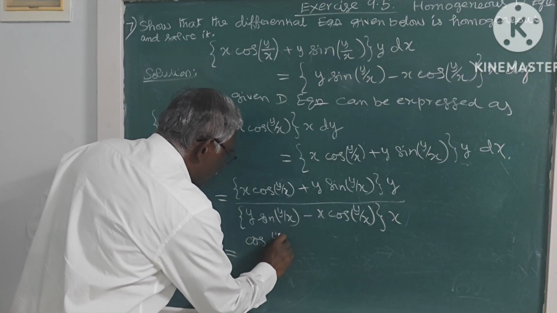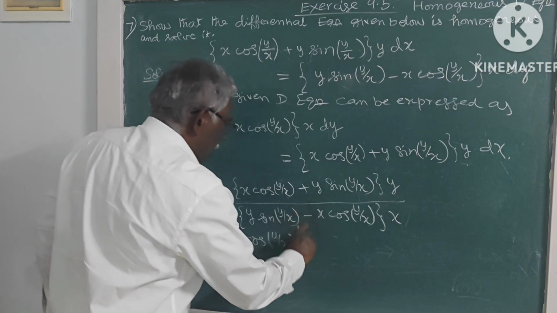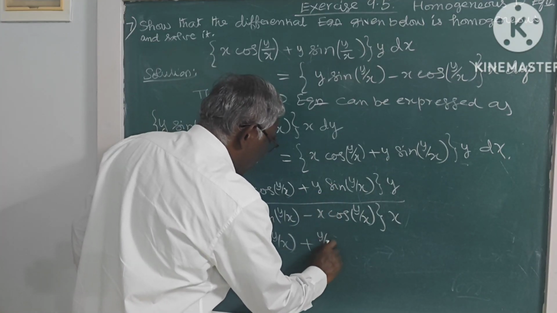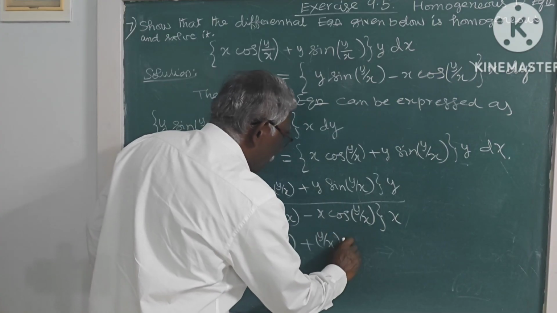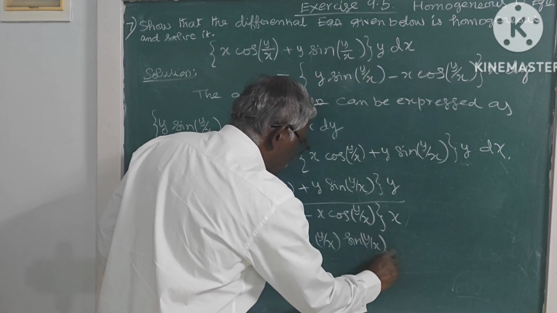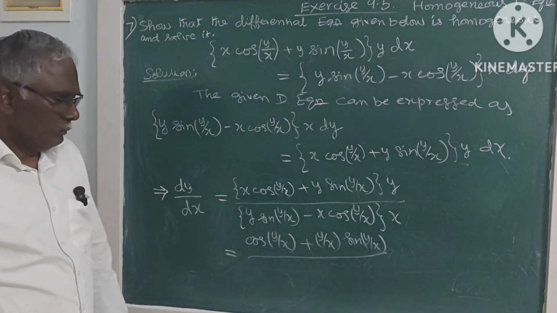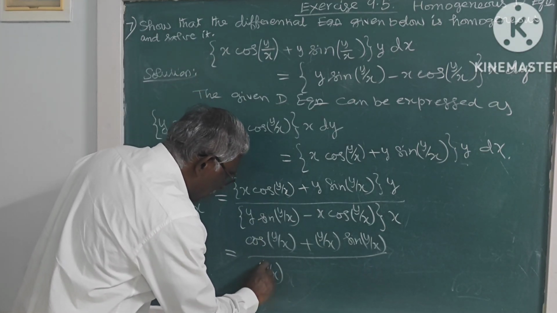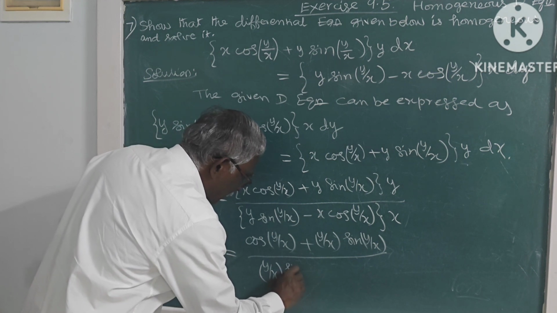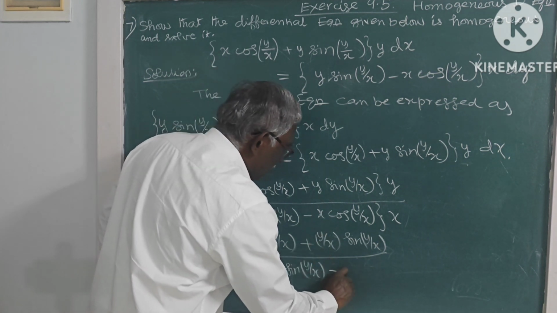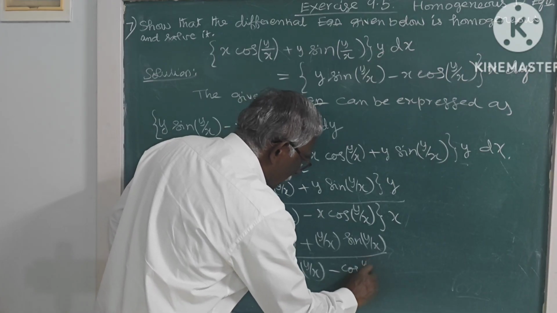Cos of y by x plus y by x into sin of y by x, by y by x sin of y by x minus cos of y by x.